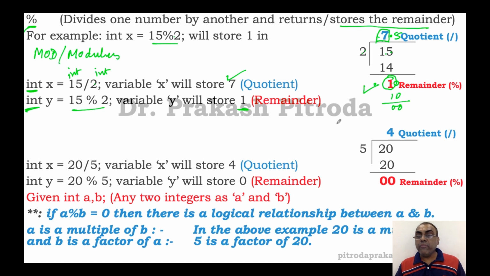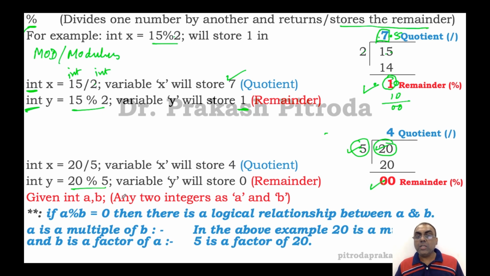Okay, now what if I have 25 divided by 5 or 25 mod 5? So 5 4s are 20 is the nearest exact first division. My remainder is 0. Now there is a beautiful, very important logic behind this: when you divide one number by another number and after the first nearest exact division the remainder is 0, then there is a logical relationship between these two.